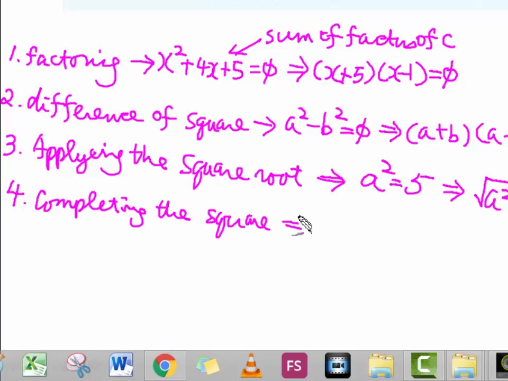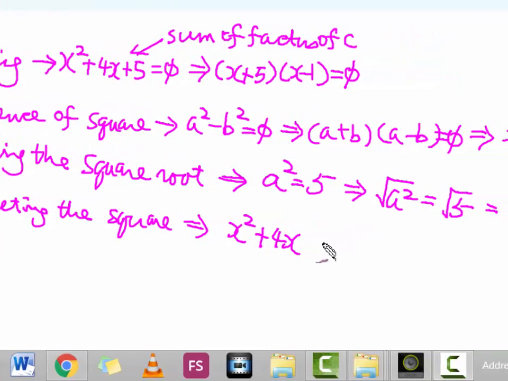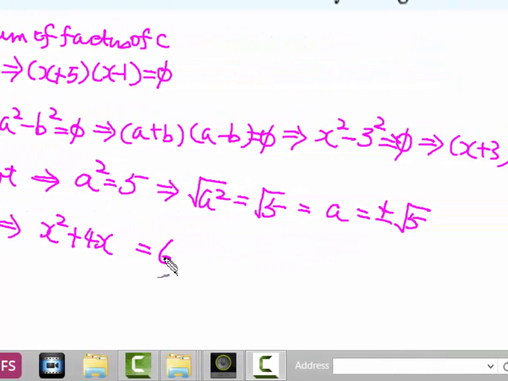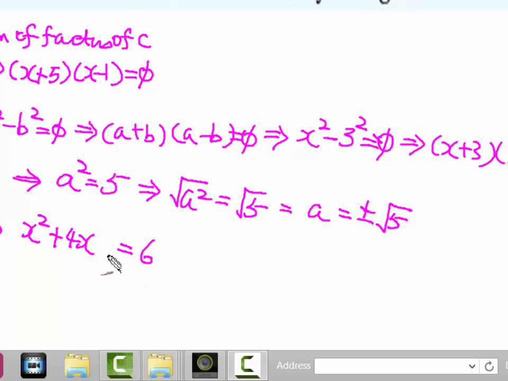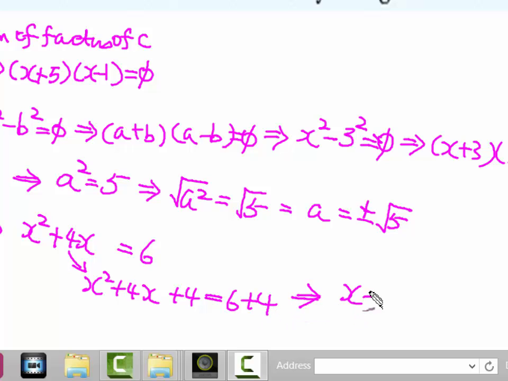So if we have x squared plus 4x equal to 6, then we just have to complete the square by adding 4, and then we have 6 plus 4, and we have x plus 2 whole squared equal to 10.